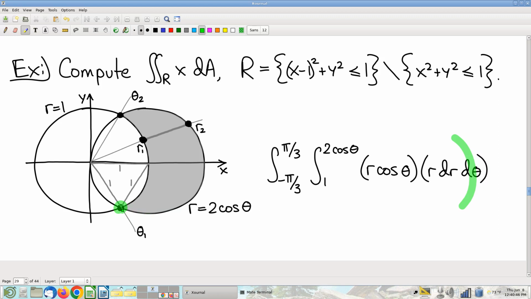And what can I say about that point? Here's the trick. Notice that this and this are radii of this circle, which I know has radius 1. And then notice that this is a radius of this circle, which I also know has radius 1.